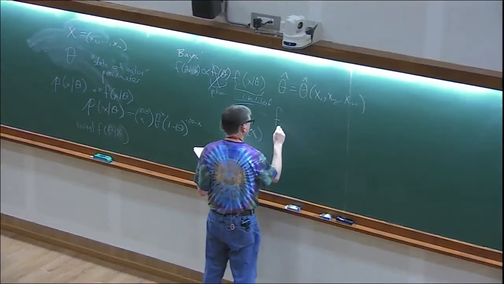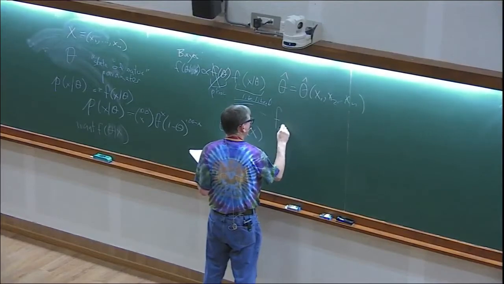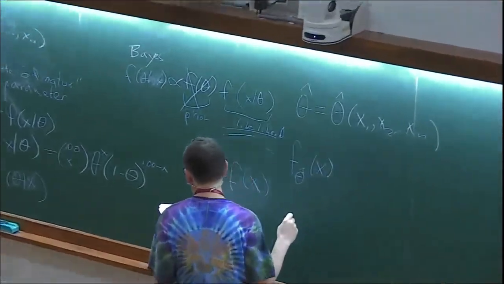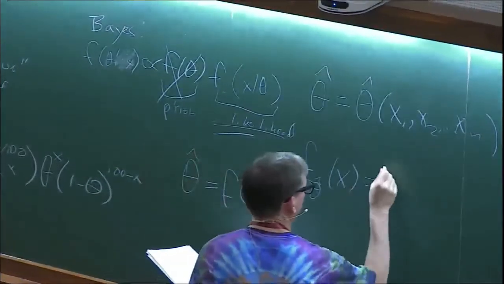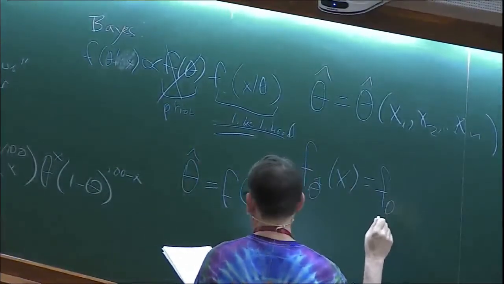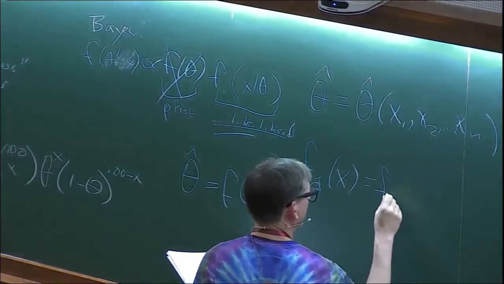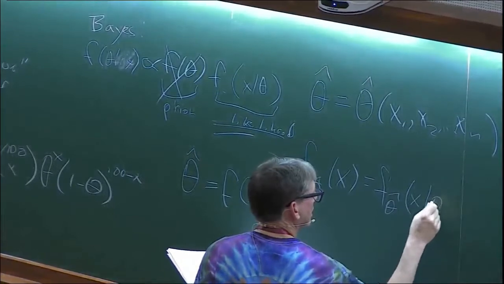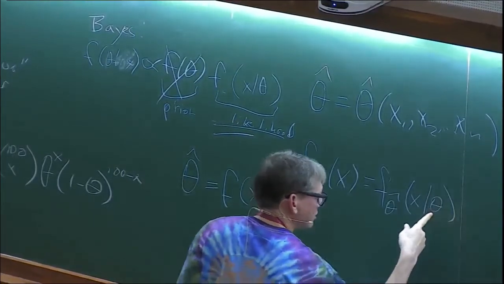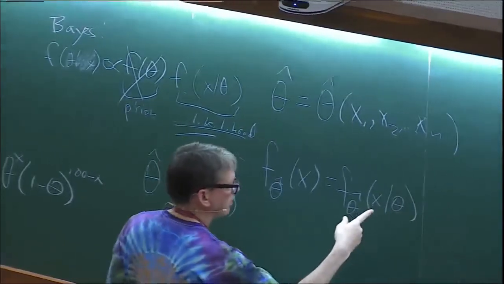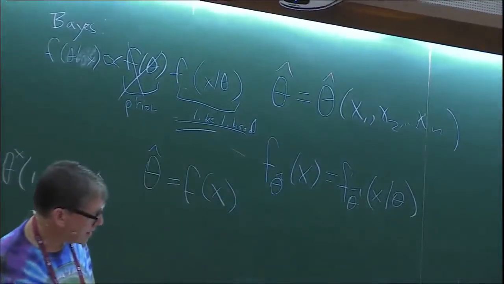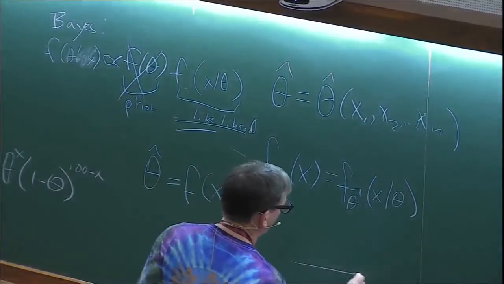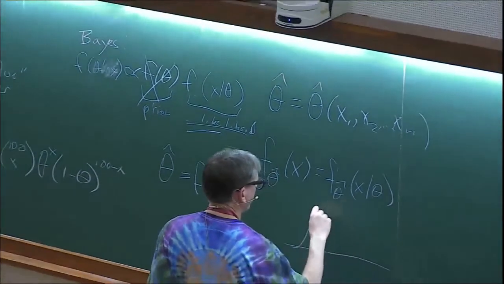So we can write the density as f sub theta hat of x, or more carefully, f sub theta hat of x given theta. In other words, theta is the state of nature, and then we observe these x's given the state of nature. Since it is a random variable, it will have a distribution.